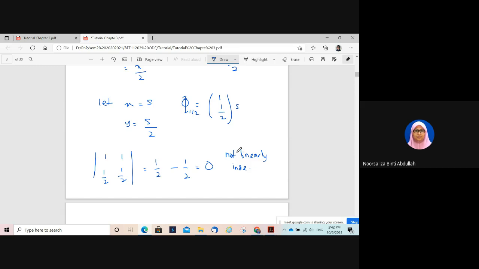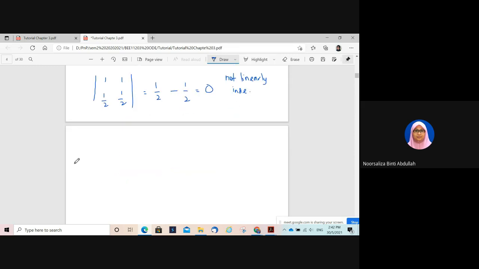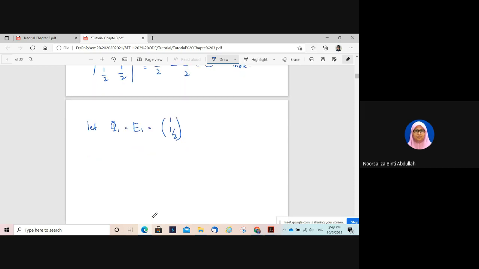So let's say eigenvector 1, this one, equals to E1 and equals to 1 over 2. Then we have to find E2. So how to find E2?